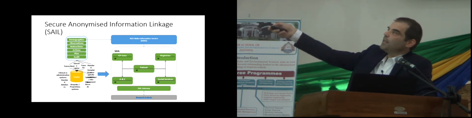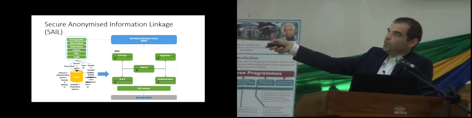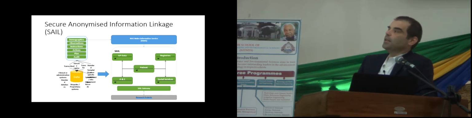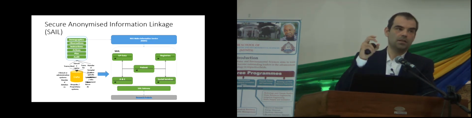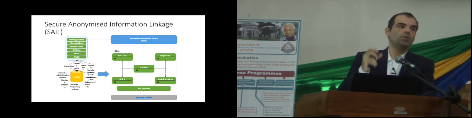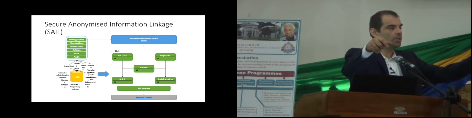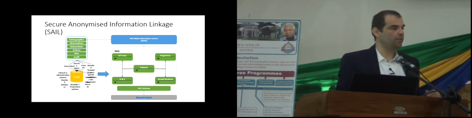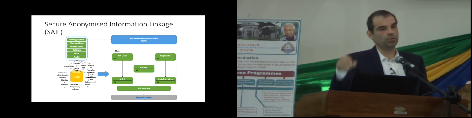All of these things are becoming available to researchers as a unified data source via the SAIL gateway, but more importantly, via an information governance procedure. Which means that if you are a researcher, you don't just log in to some machine and access all of this wealth of information. You have to report to SAIL: why do you want to do this?